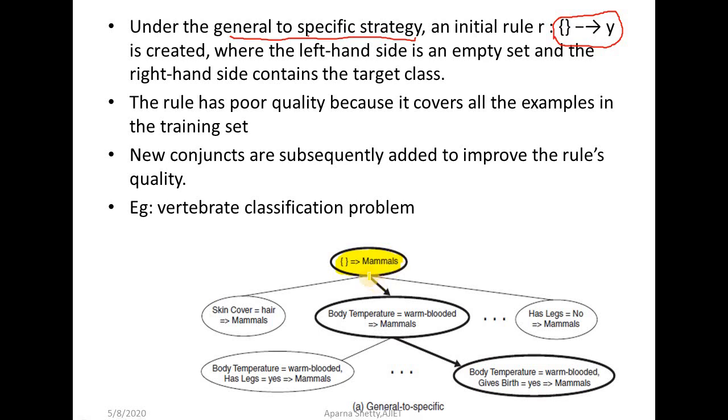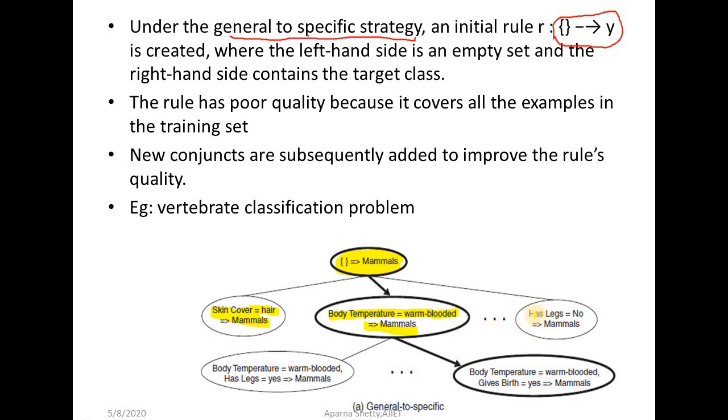Yes or no? In the next step, we have added one conjunct to this rule. For example, we have added the conjunct skin cover is equal to hair, then we classify them as mammals. Or we can add one more conjunct like body temperature is warm blooded, and classify them as mammals.